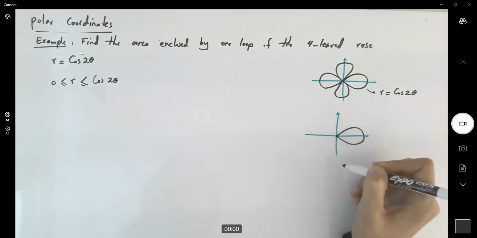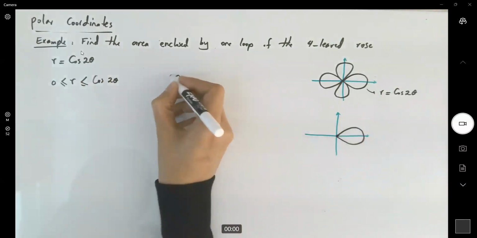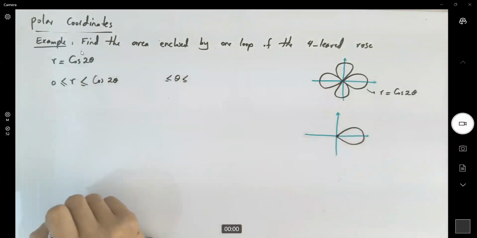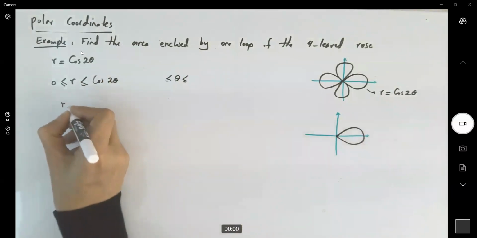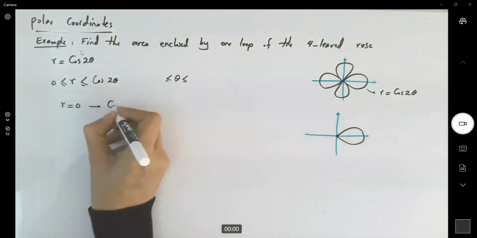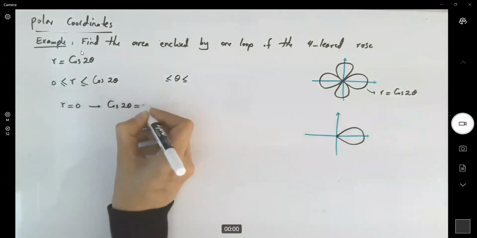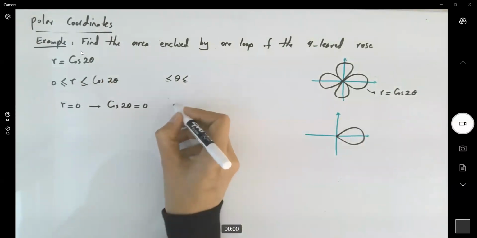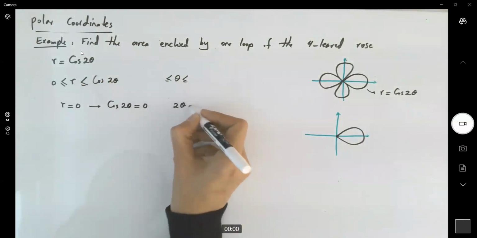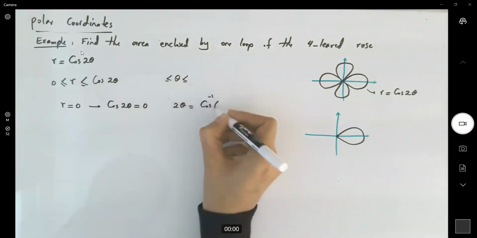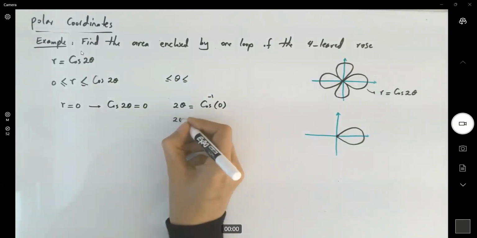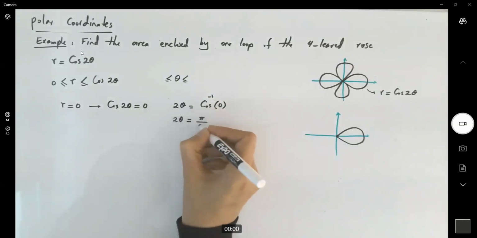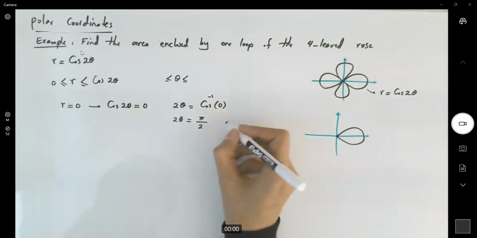So what about the angle? What's the angle like? What's the theta bounded between? When r is equal to 0, cosine 2 theta is 0. So 2 theta is inverse cosine of 0. 2 theta is equal to pi over 2.